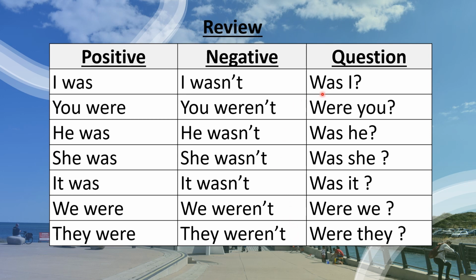To make a question, we just change it around. Change the positive around. So we got was I, were you, was he, was she, was it, were we, and were they.